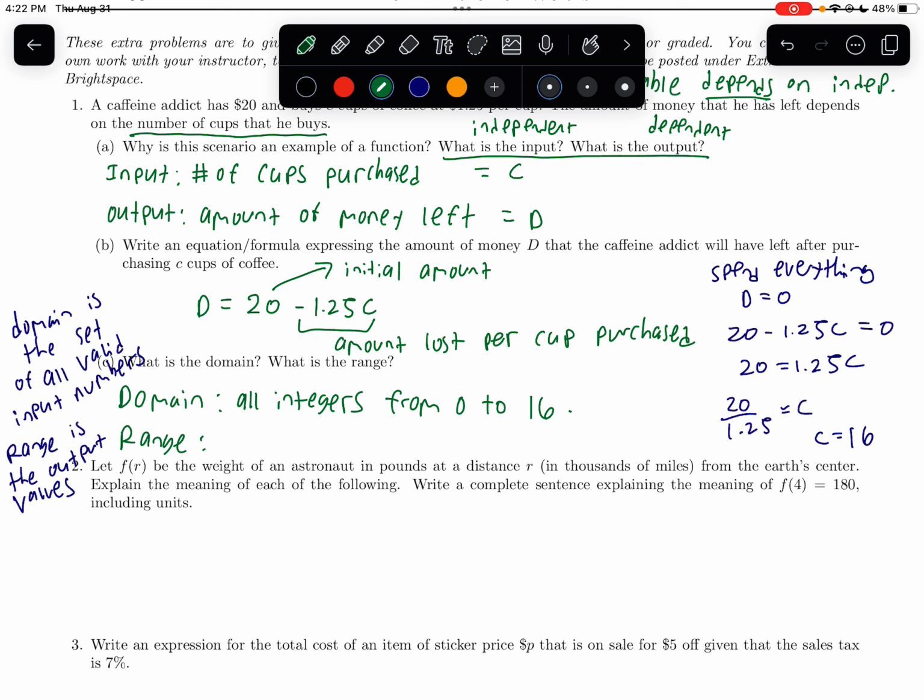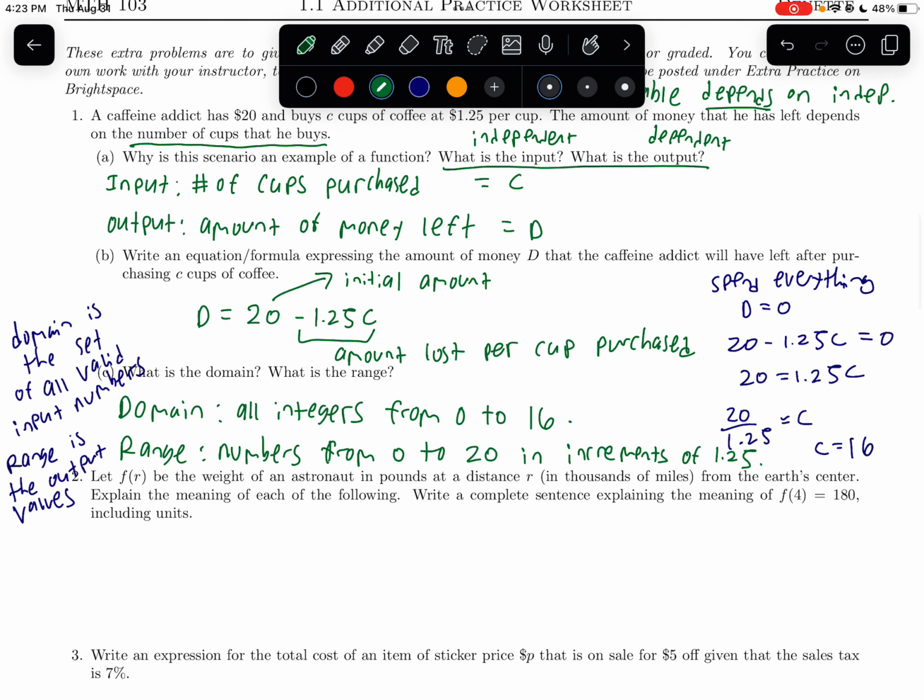So your range, the set of those values would be numbers from 0 to 20 in increments of 1.25, because you will not have a value of money left in between two cups, two different amounts, right? Like your values will be spaced out by the amount that you can purchase at one time, which would be $1.25.